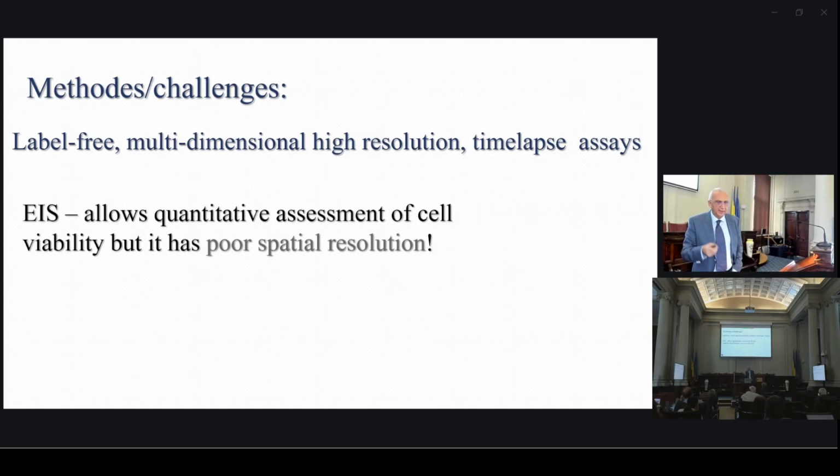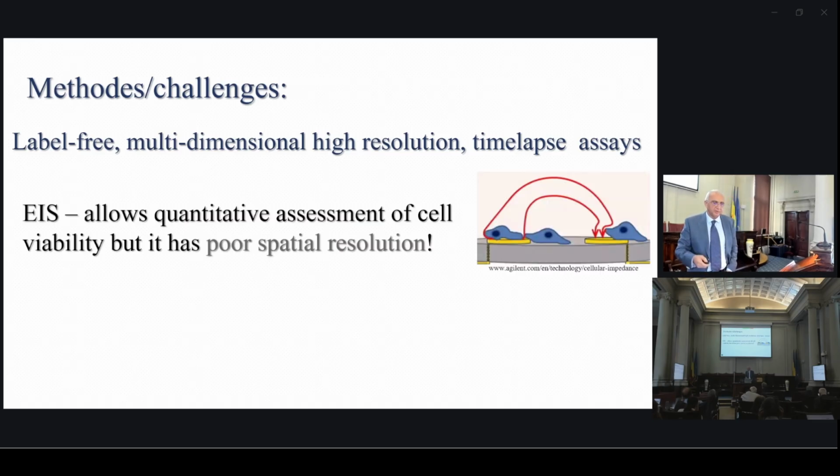You cannot properly see a single cell, although electrical impedance spectroscopy is able to provide quantitative information related to the integrity of membrane. So the idea is that this is a way to gain information about cell viability.